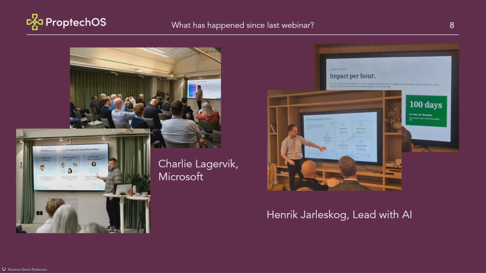What was intended to be a small roundtable discussion with up to 5 people turned out to be, as you see on the left there, a packed room of 50 decision makers in the real estate industry, and we had Charlie Lagervik, who previously owned the retail vertical for Microsoft Fabric and AI, and is now go-to-market lead in the Nordics for AI. And it was very interesting to hear what they are doing.